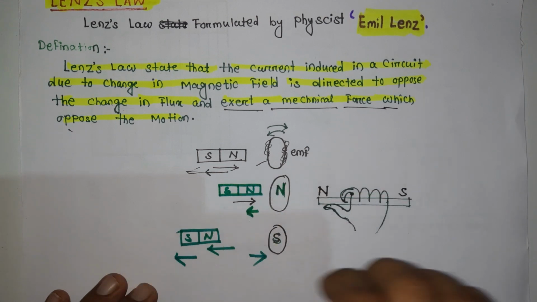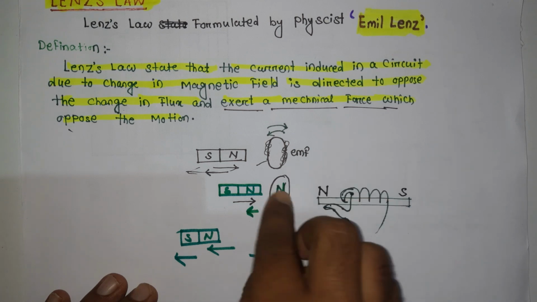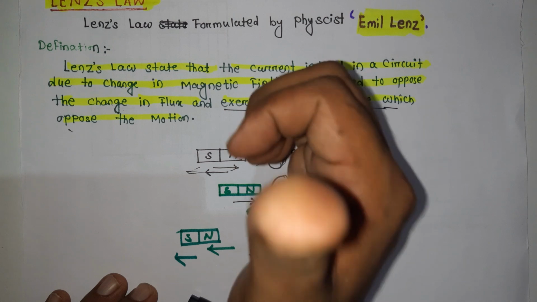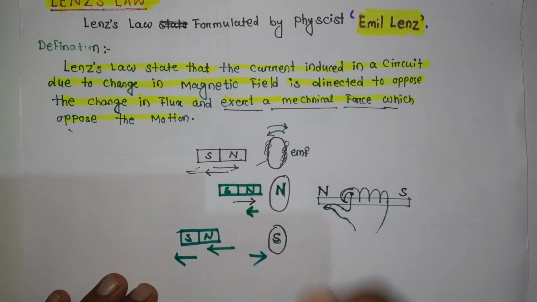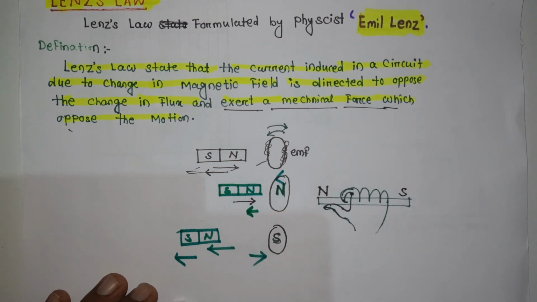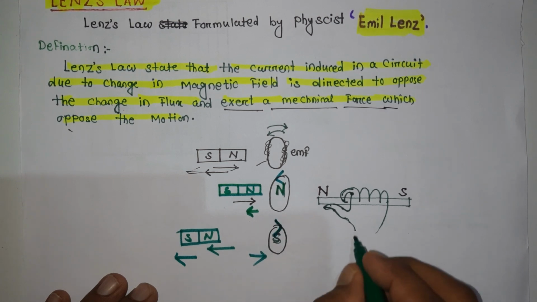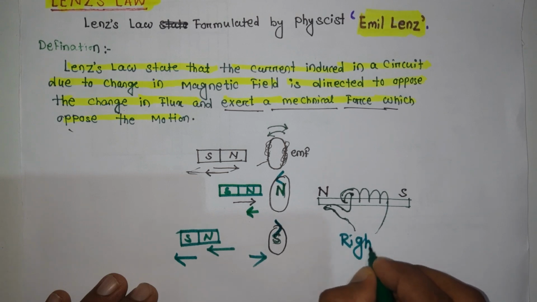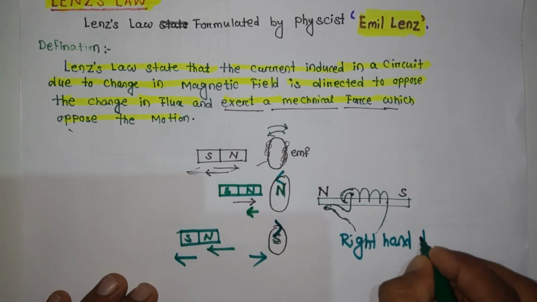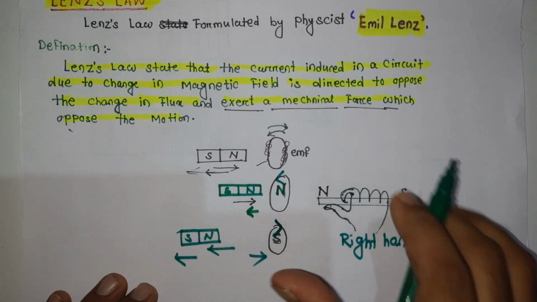If the coil is facing me like this, then the current will flow in this direction. If the south pole is on this side, meaning the north pole is on the downside, then the current will flow like this. This is the right hand thumb rule, and from this we decide the direction of the current.